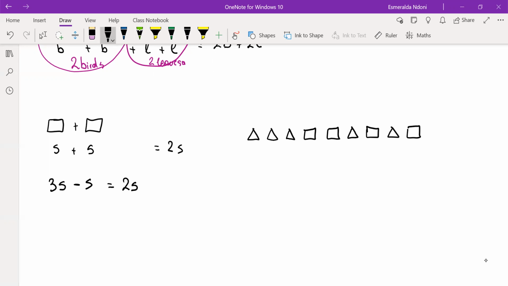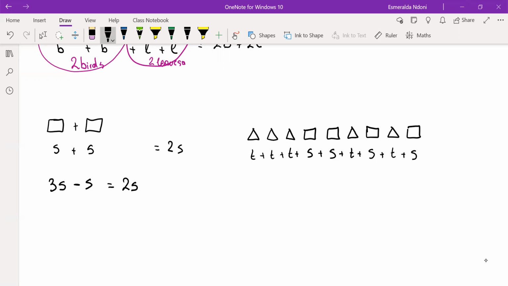So we're going to, first of all, turn them into letters to make it easy. So I have a triangle, and then I have another one here, and another one there. Then I have a square, then I have another square, then I have a triangle, then I have a square, a triangle, and I have a square.